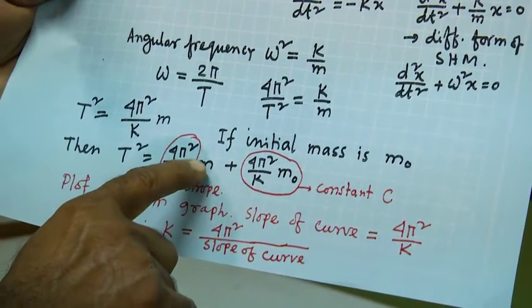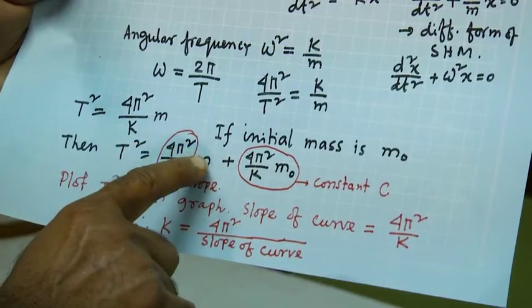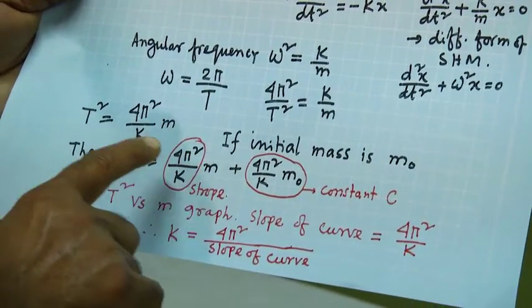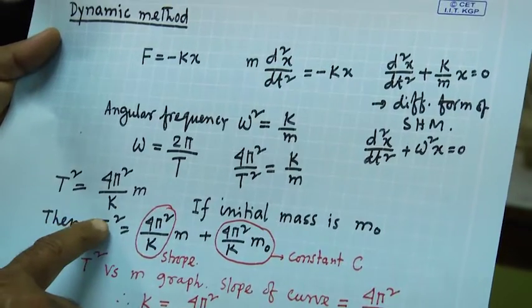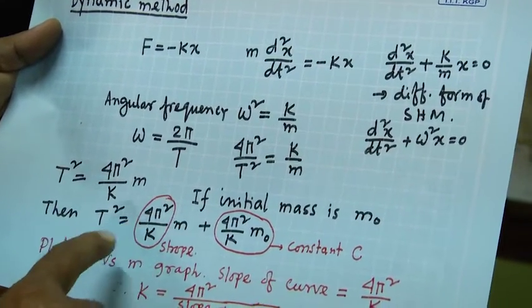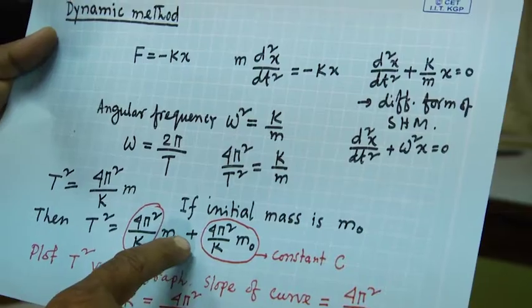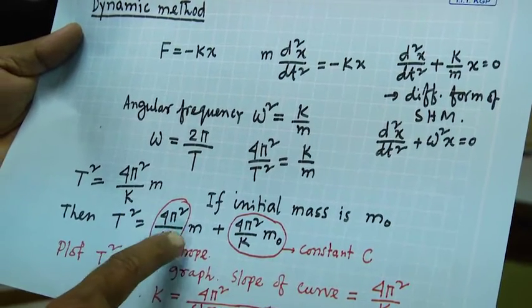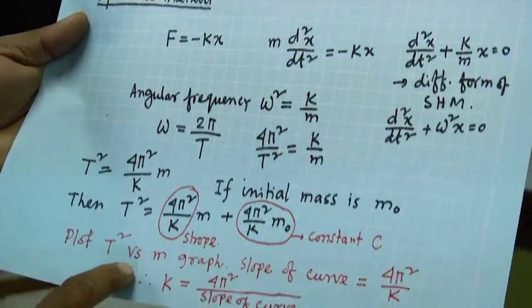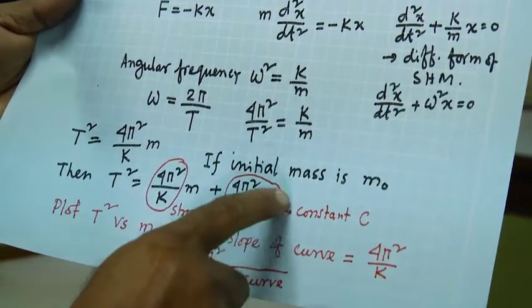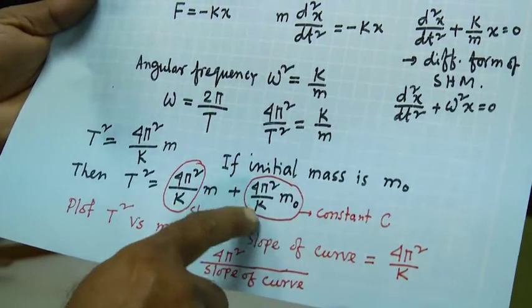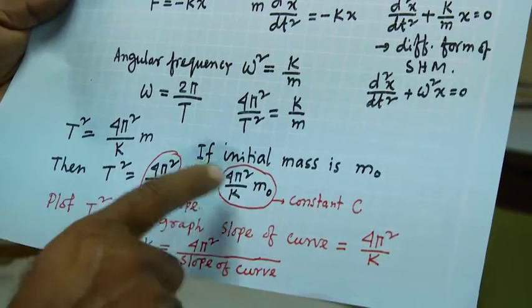So, then for different mass, this is the variable, I will measure the T. Then if I plot T square versus m, I will get a straight line, and that straight line will not pass through the 0, it will cut the y axis, means the T square axis.